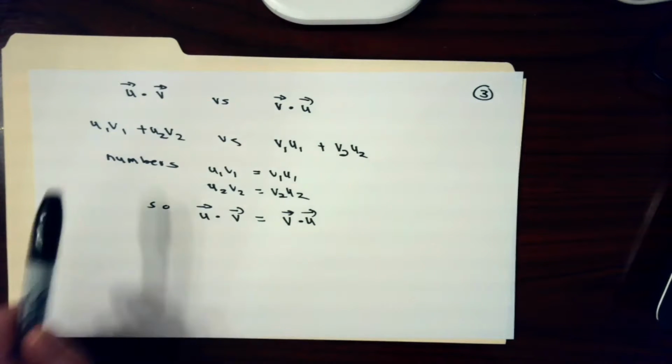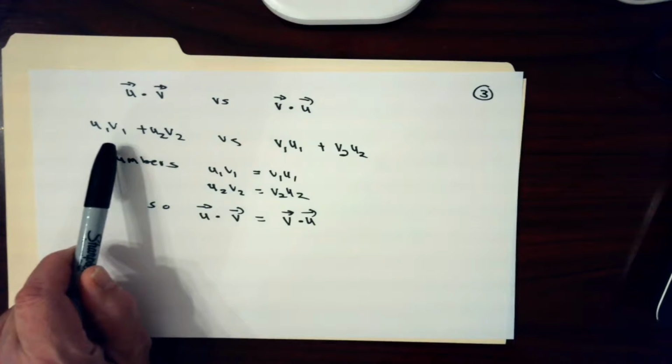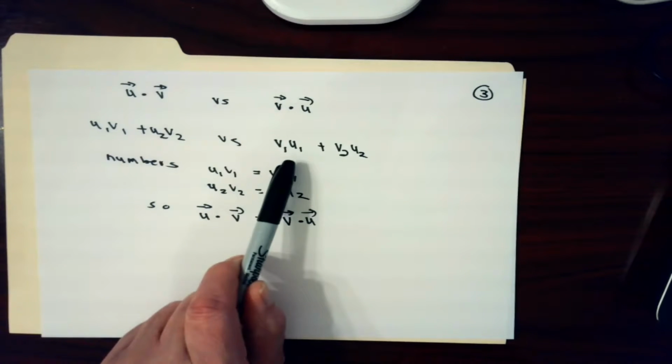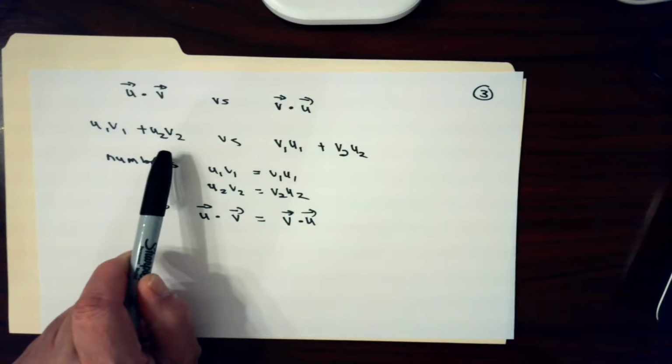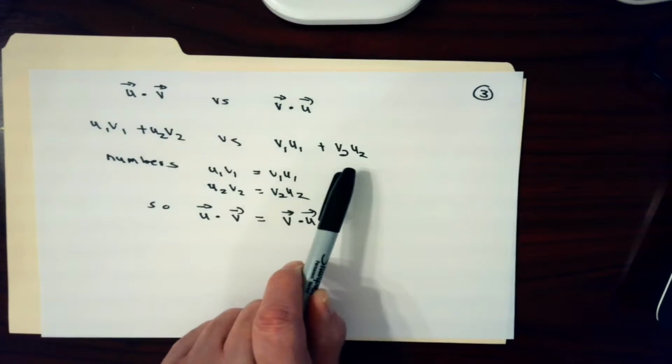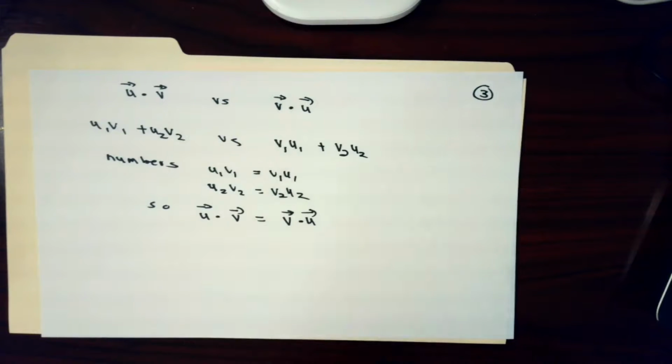So this number, u1 v1, is the same as that number, v1 u1, and u2 v2 is the same as v2 u2. So u dot v is the same thing as v dot u, just as you would hope that it would be. There's a commutative law for multiplication, if I call this vector dot product thing multiplication.